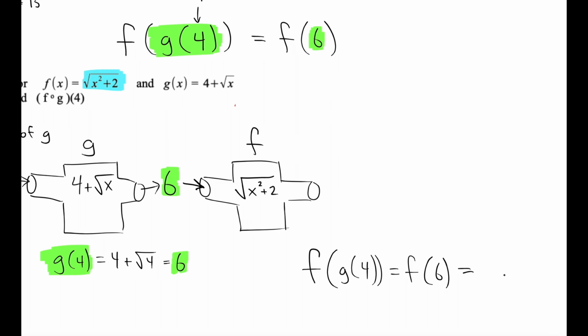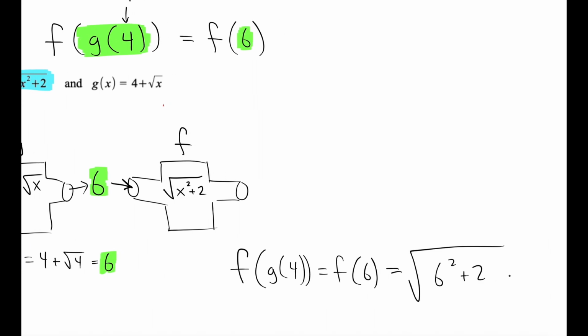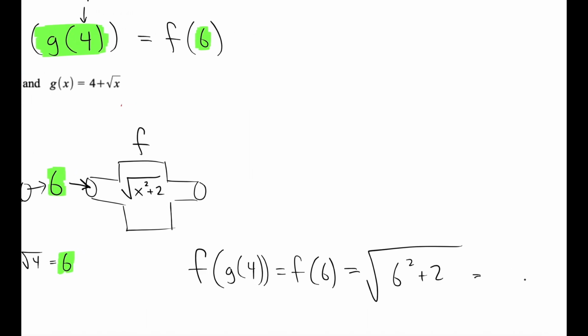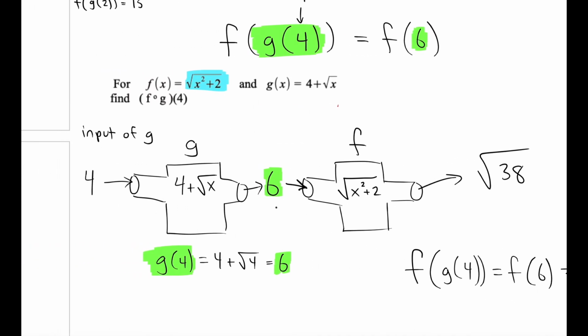So we need the square root of 6 squared plus 2. That's the square root of 38, I guess. And there we go. Radical 38.